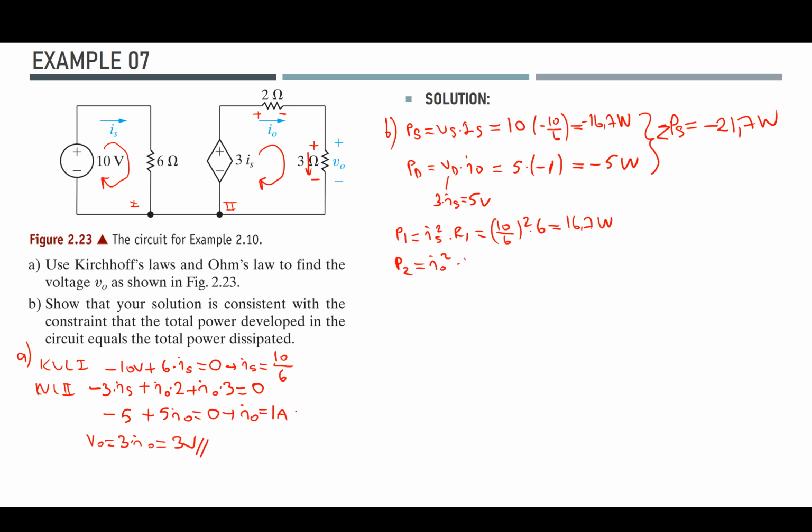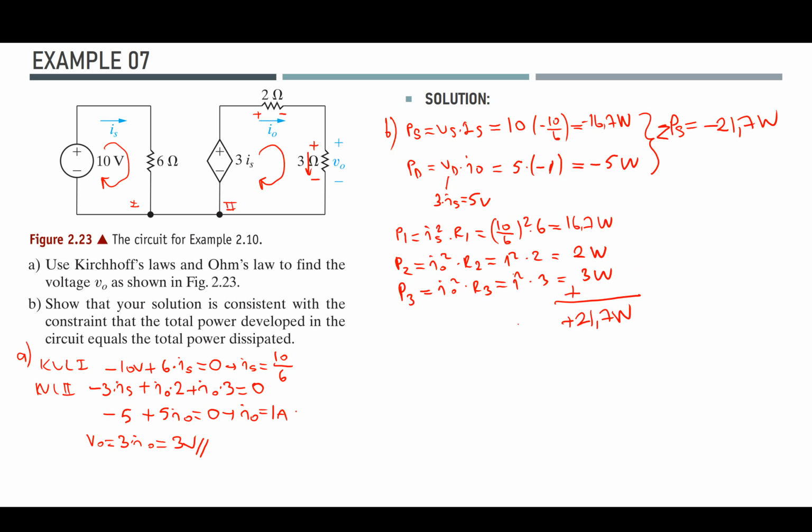IO squared times R2 would give me 2 watts positive power, and P3 would be IO squared times R3, which will give me 3 watts. And if I add these things, I'm going to get a positive 21.7 watts consumed.